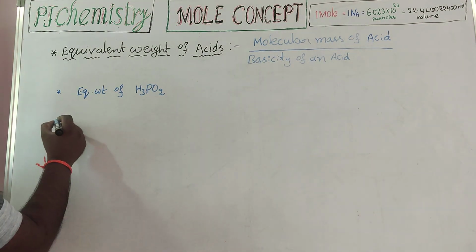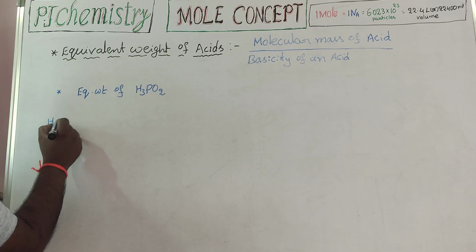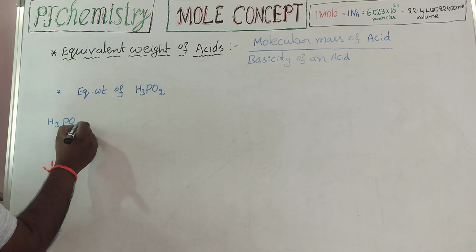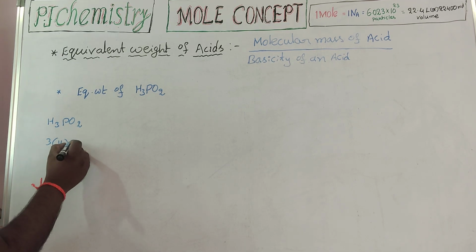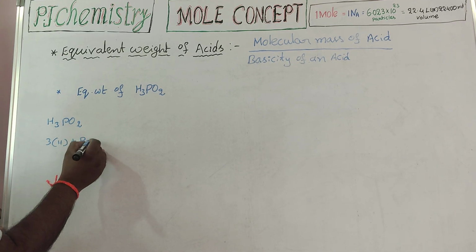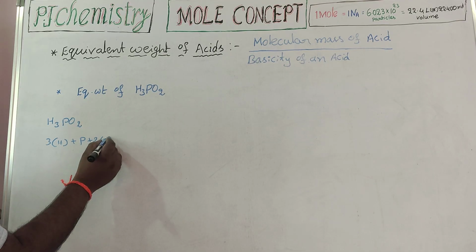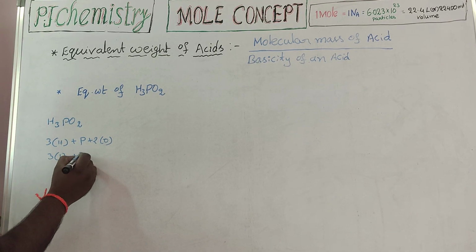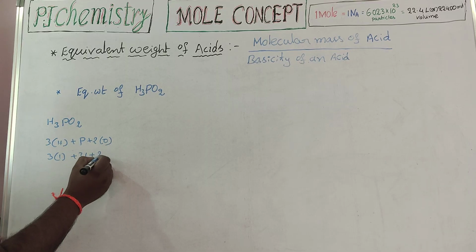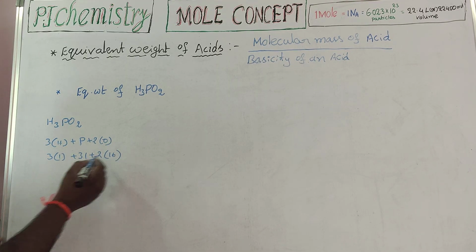Given formula H3PO2. 3 hydrogens are there plus 1 phosphorus plus 2 oxygens. 3 into hydrogen mass number 1, plus 31 mass number of phosphorus, plus 2 into oxygen 16, which is 32.